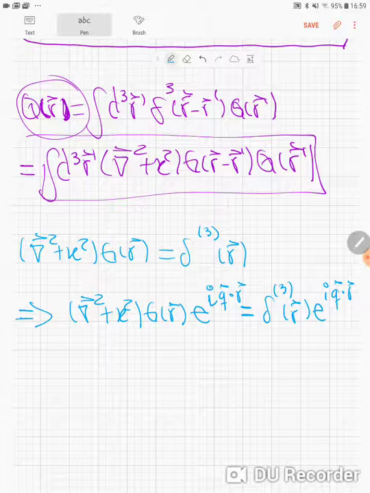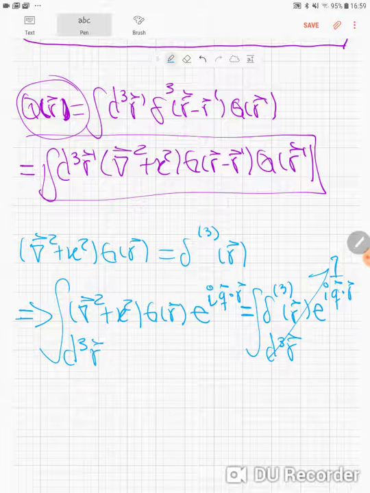Now what we're going to do is integrate both sides with respect to d3r. And then this is going to give us a 1 here.